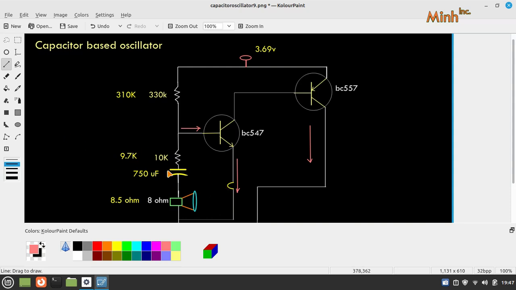This path is both ways, so we'll call it I capacitor.